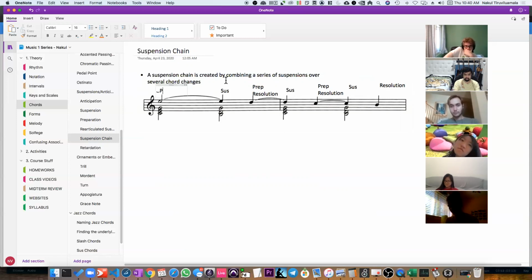Here you have a preparation, and there's no resolution here because there's nothing that it resolved from. It's just preparing the suspension. This is suspended, it both resolves, but it's also preparing the next suspension. Now it's suspended, this note, and then it resolves down. It's resolved, but it's also preparing the next suspension.